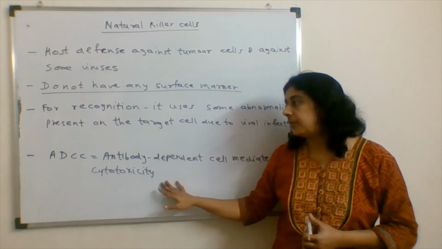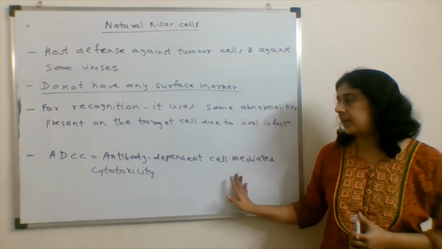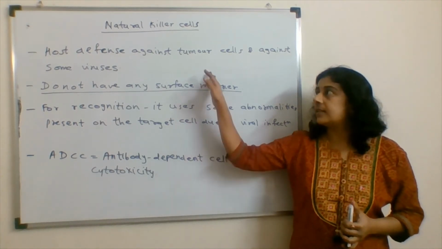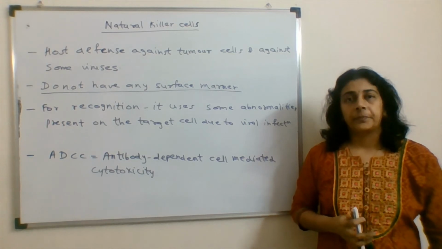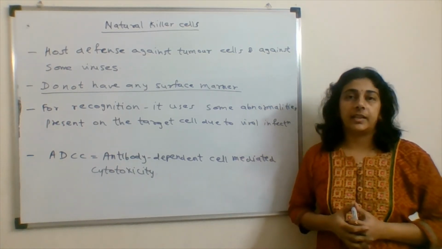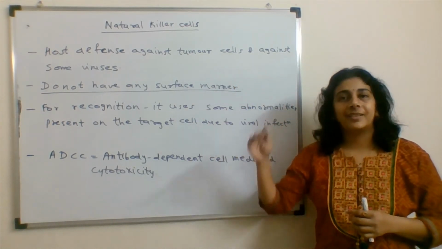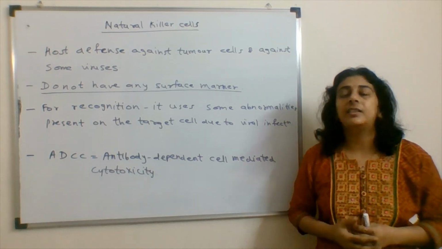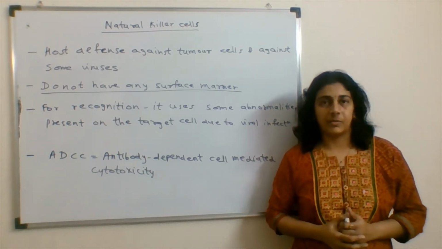Secondly, they perform ADCC, that is antibody dependent cell mediated cytotoxicity. See what happens: these cells have receptors for the Fc region of the antibody. So when an antibody recognizes the antigen, it can come and bind on the natural killer cell, and thus the natural killer cell can perform its immune response and the tumor cell or virally infected cell can be killed in this way.